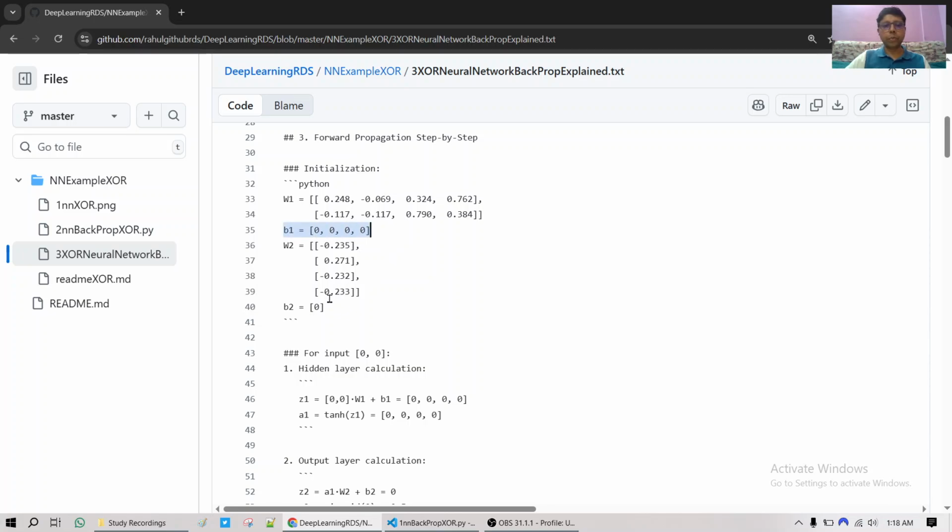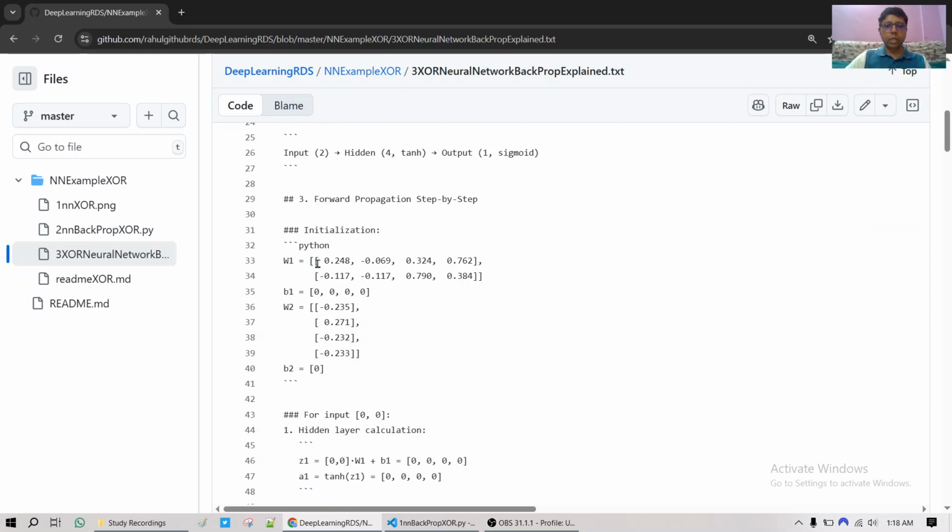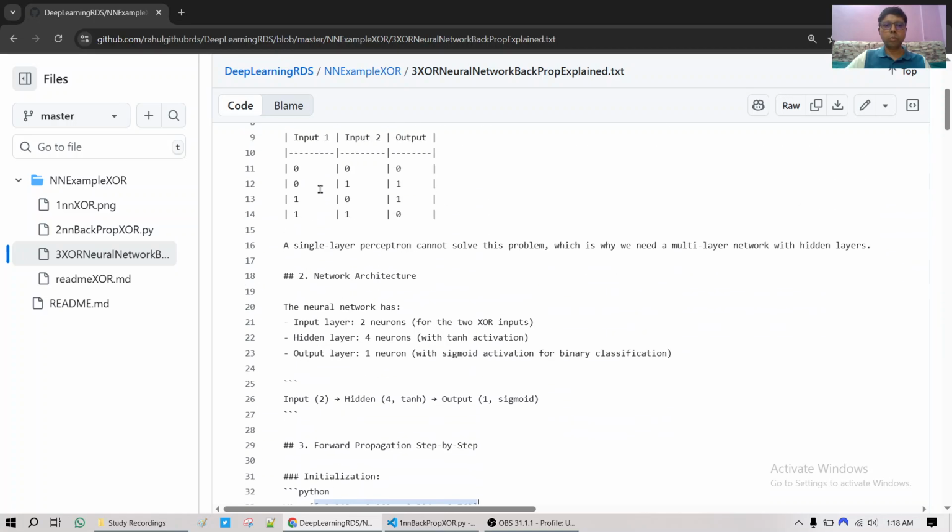This vector is the weightage for the input. Like you see, we have four inputs for input one, and four inputs for input two. So for input one, we have four weightages for these four inputs.